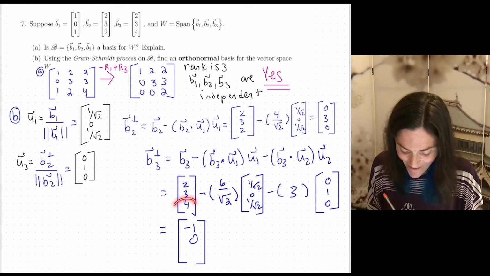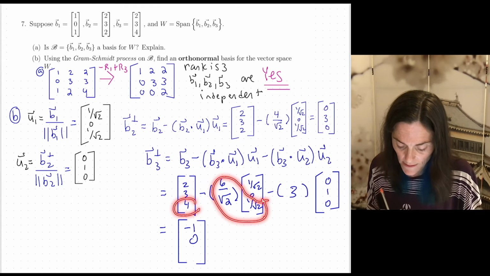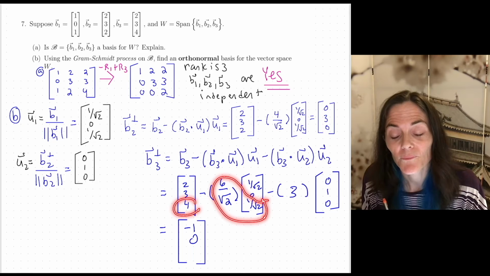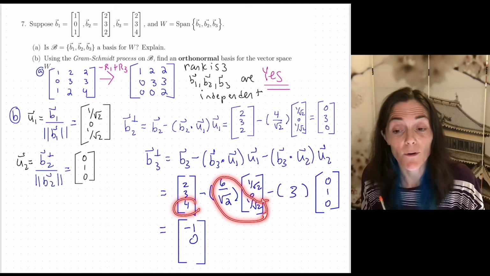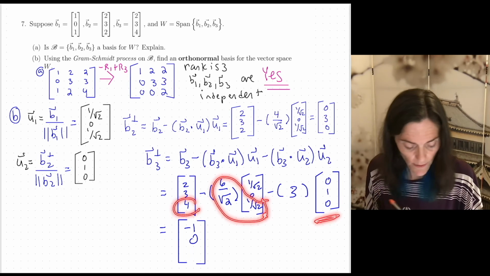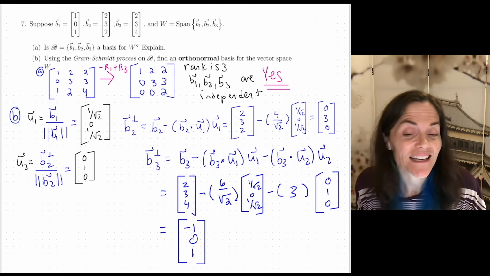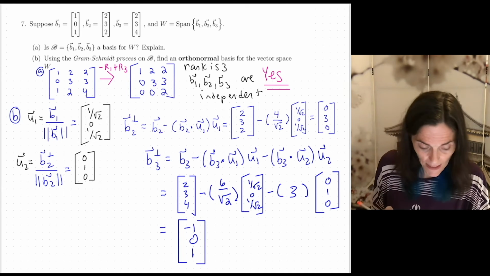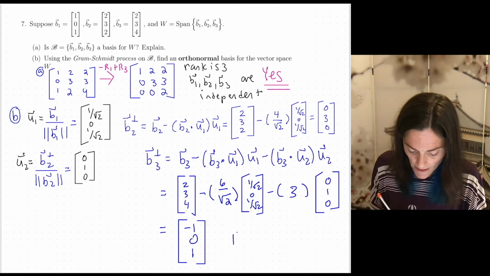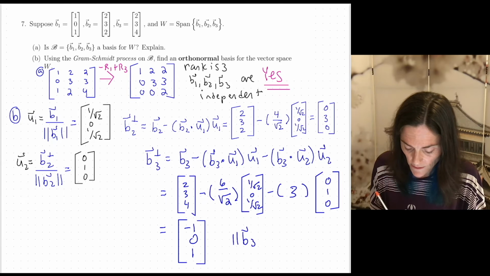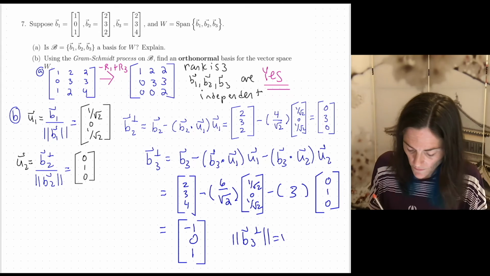And finally, we have 4. Let's see, this is 6 over 2, which is 3. So 4 minus 3 minus 0, we have 1. And you notice, maybe I should write this just as a comment, the length of this vector is the square root of 2.